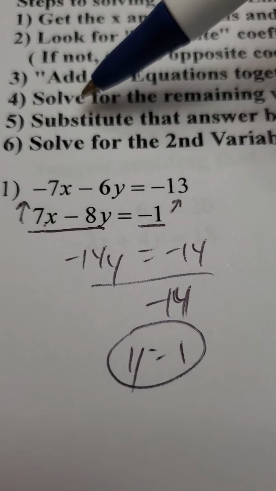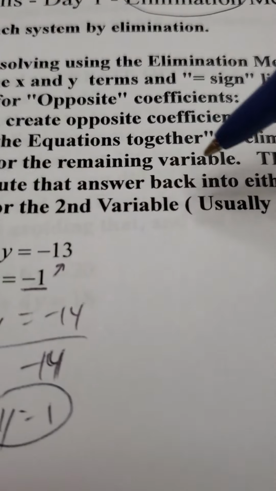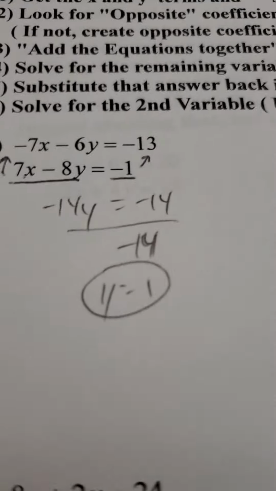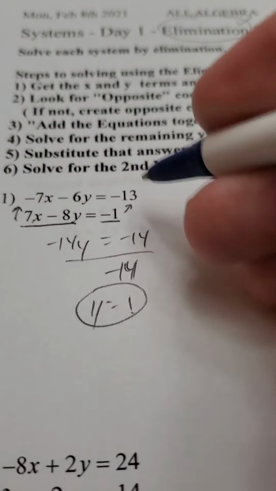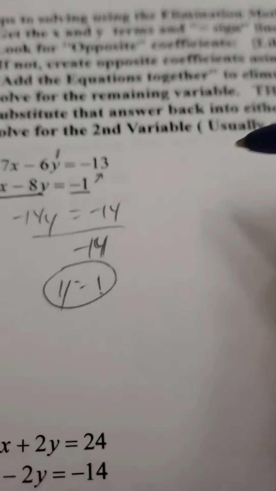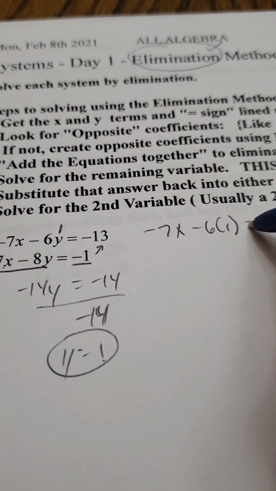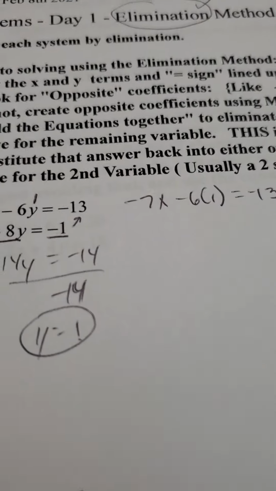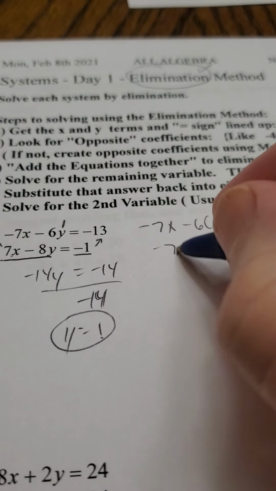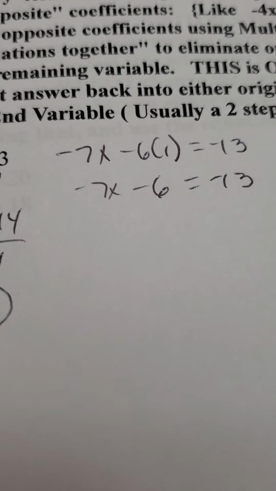Step 5, substitute. It's kind of like substitution from here. Substitute that back into one of the original equations. So I'm going to put a 1 right there. That gives me negative 7x minus 6 times 1 equals negative 13. If I put a 1 there, that becomes negative 6.